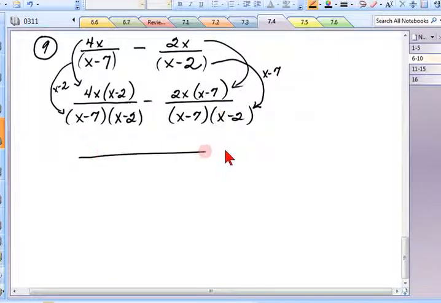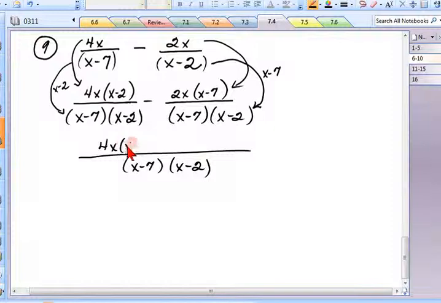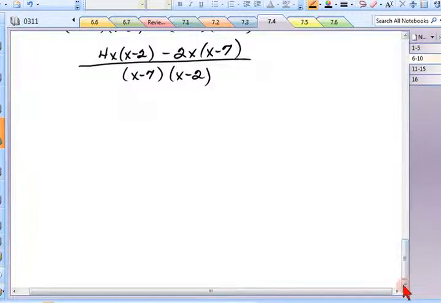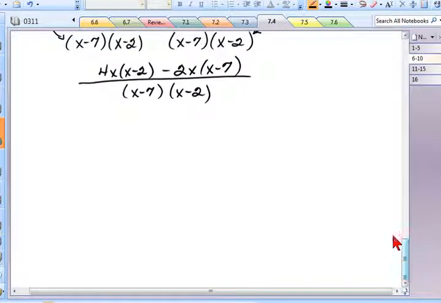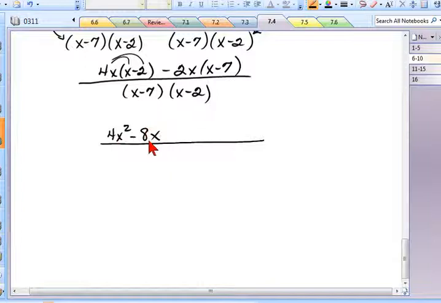Now, I'm doing a step, might be useless, but those have a common denominator, so I write the denominator once, and I have 4x times x minus 2 minus 2x times x minus 7. All I did was write that with one denominator instead of two. Now, distributive property. The numerator, 4x times x is 4x squared. 4x times negative 2 is negative 8x.